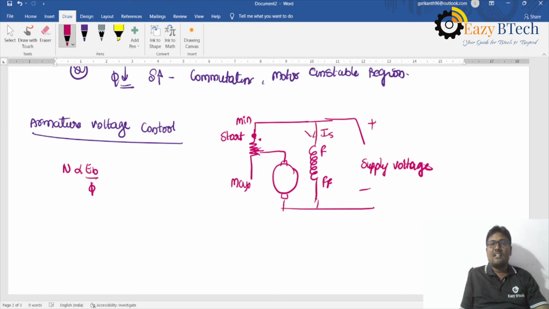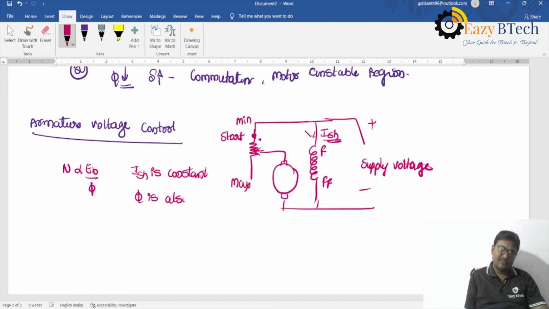Here the shunt current is constant. We are not connecting any variable rheostat in series with the field. ISH is constant, then flux is also constant. N is directly proportional to EB. The back EMF is equal to V minus IaRa under normal operating condition.